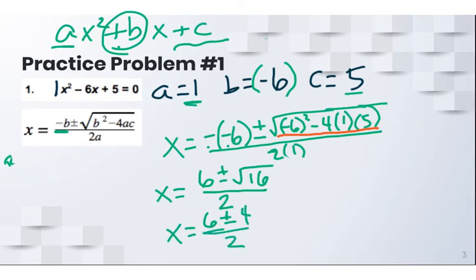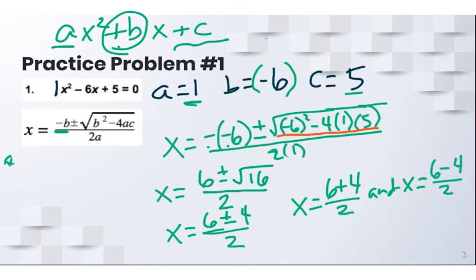Oh my gosh, guys, I might actually not run out of room. Remember that plus minus means 6 plus 4 and 6 minus 4. So here I'm going to write x equals 6 plus 4 divided by 2, and x equals 6 minus 4 divided by 2.